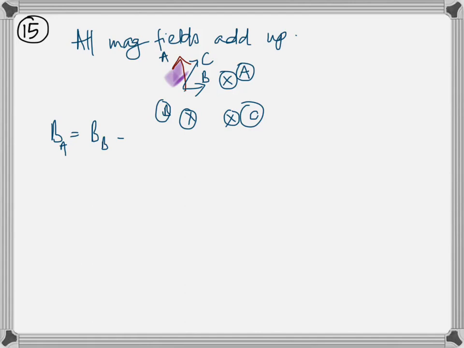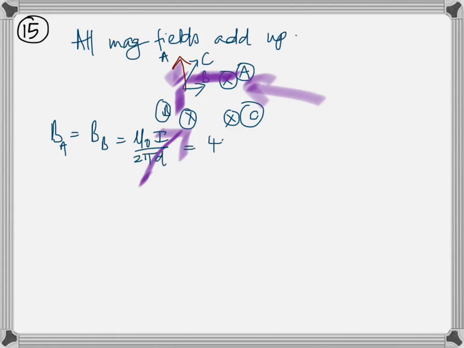A is here, B is here. They are at the same distance from that point. So A and B will be the same. And that will be mu naught I by 2 pi d. We used that before, so 4 pi times. Plug in the numbers, you get the magnetic field.